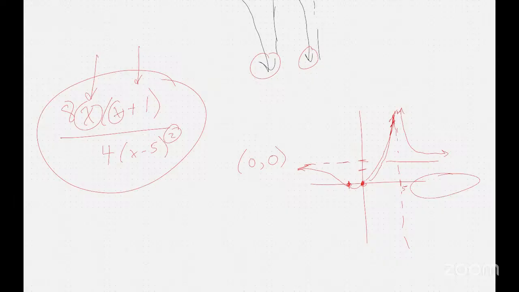For the multiplicities, when it's even, does it have the same end behavior or opposite? When it's even, it goes the same direction. So if it was cubed, it would have opposite? Yeah, if it was cubed, it would change.